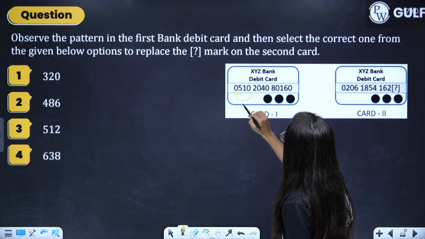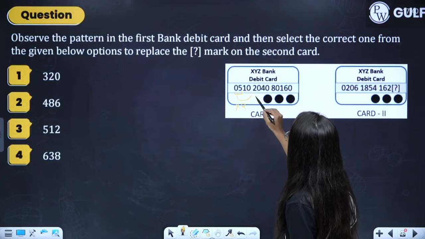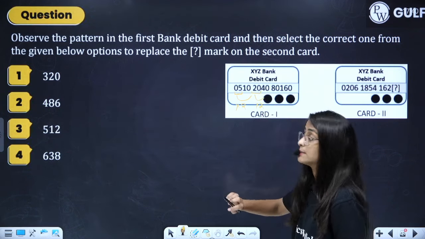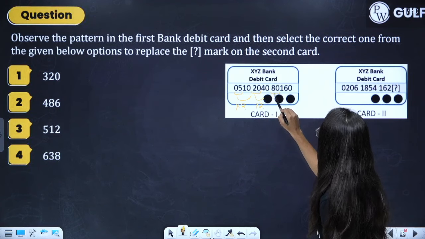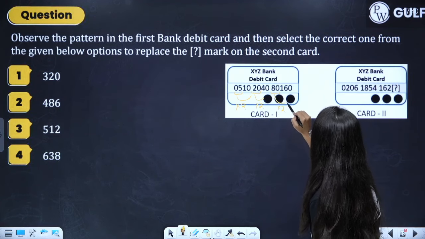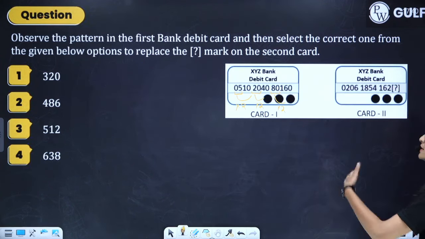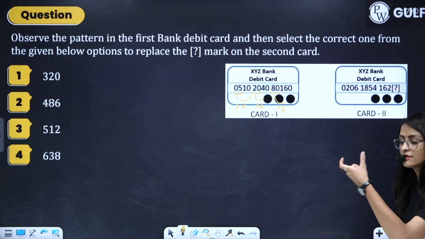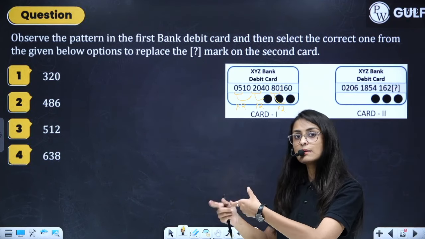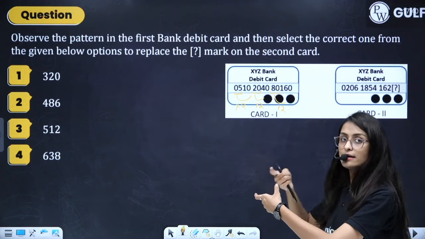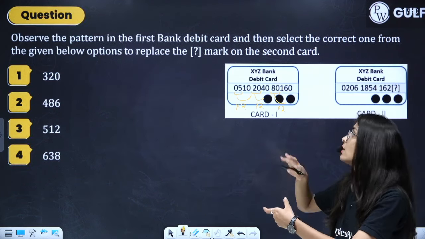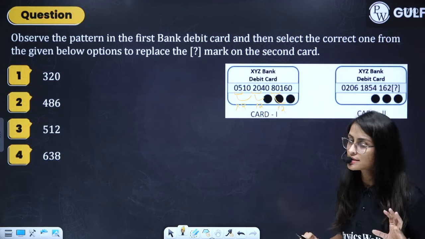Similarly, 20 multiplied by 2 gives me 40, and 80 multiplied by 2 gives me 160. So in card 1, the first set of numbers is multiplied by 2 to obtain the other set of numbers.